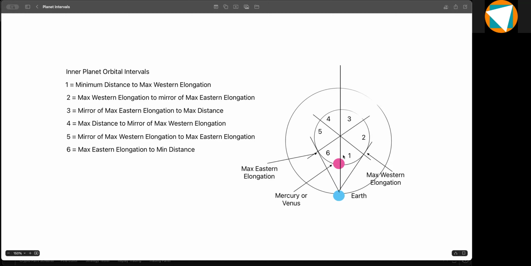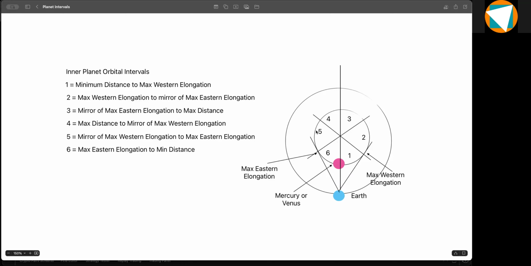And then the speed of the inner planet, Venus or Mercury, slows as it turns the corner towards another conjunction, but this time the conjunction with the sun is on the opposite side of the sun, so that's interval 3. Interval 4 is moving towards the opposite of western elongation.